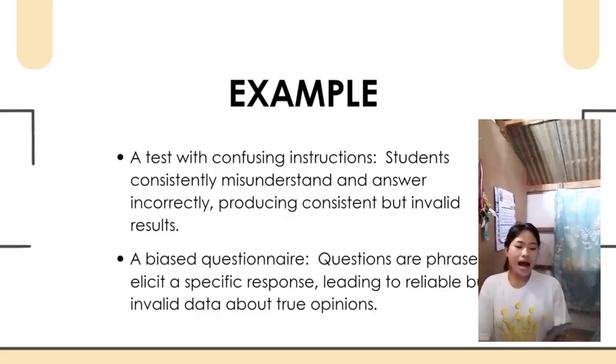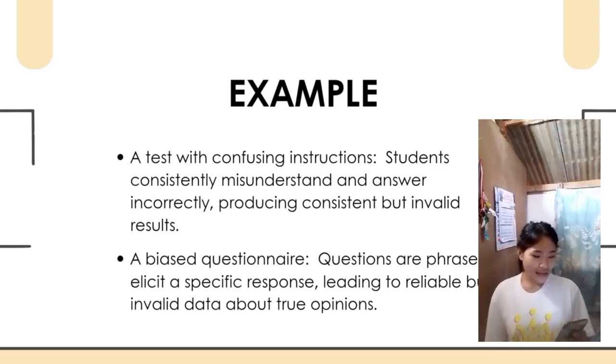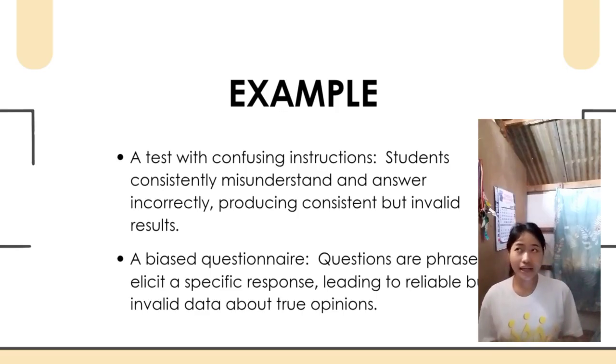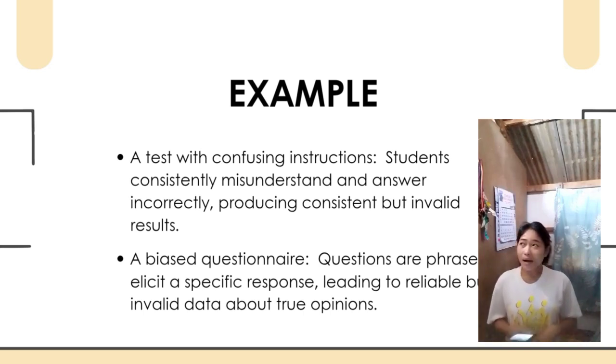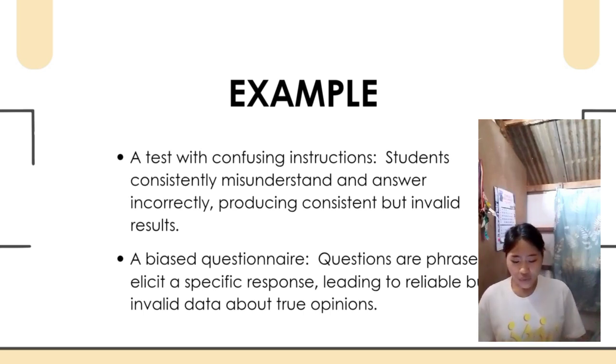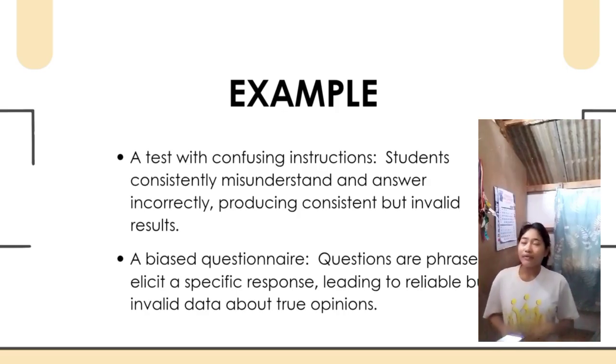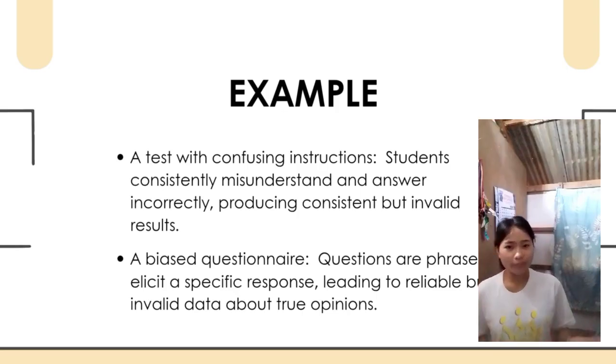Example, a test with confusing instructions. Students consistently misunderstand and answer incorrectly, producing consistent but invalid results. A biased questionnaire. Questions are phrased to elicit a specific response, leading to reliable but invalid data about true opinions.